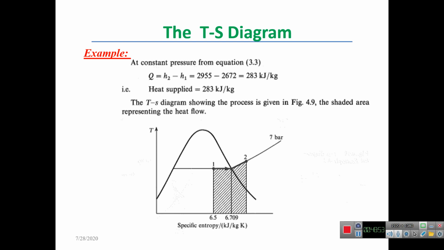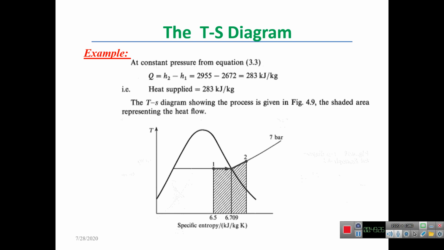Now, at constant pressure, Q is equal to H2 minus H1, that is enthalpy at 2 minus enthalpy at 1. H2 is 2955, as we have just obtained from the superheat tables, and H1 is equal to 2672, as we have calculated earlier, and subtracting these two gives us 283 kilojoules per kilogram.